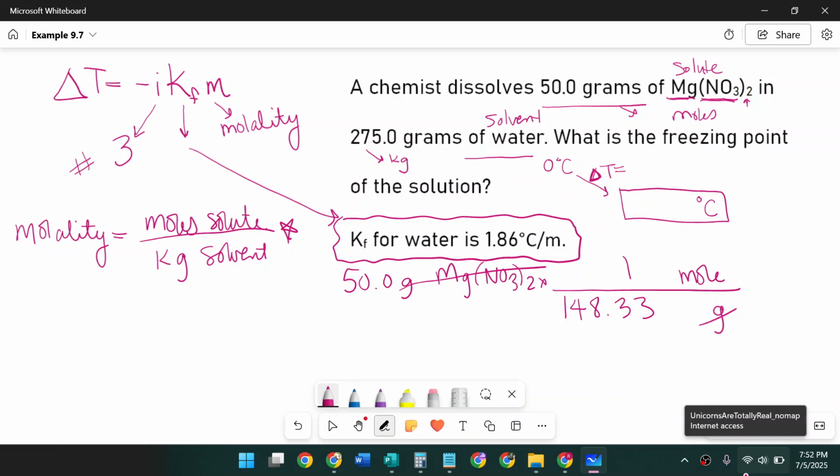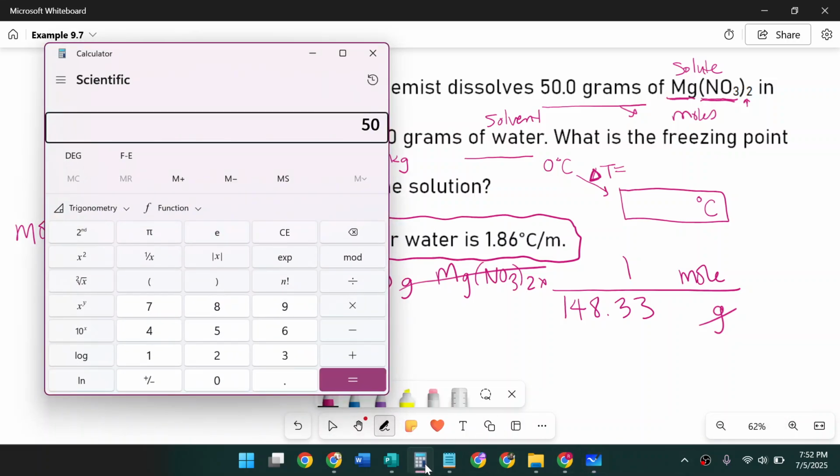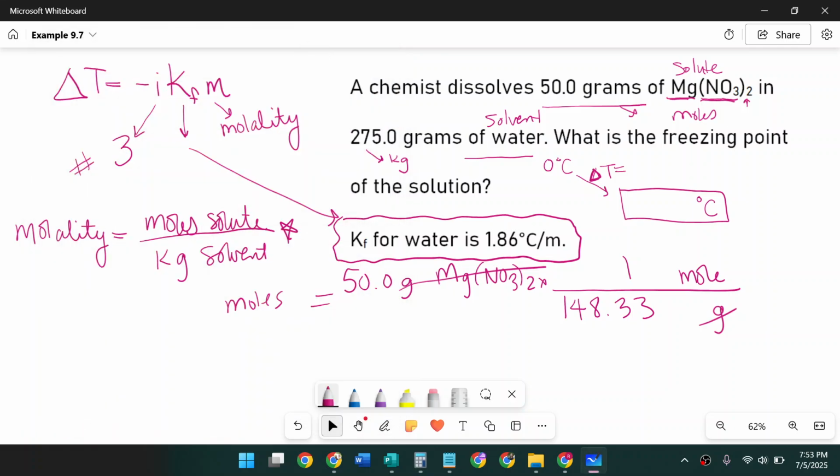I'm going to put it on this side so we can keep our numbers all together. All right, so 50 divided by 148.33. And we get to keep 3 significant digits because that's all the 50.0 had, so 0.337. So if we're keeping track, we now have our i, we have our K, and we have our moles, which is half of the molality.